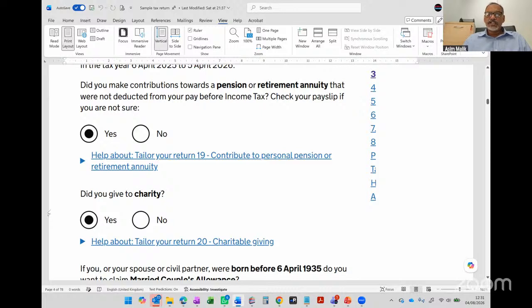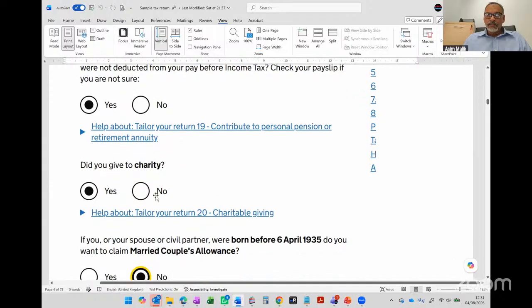Charity means registered charities only, so it's not like कि अगर आपने एक स्ट्रीट कलेक्टर को दे दिए हैं, because you can't verify कि उसकी चैरिटी नंबर क्या है, so you can't claim that. But अगर आपने for example एक मॉस्क में दिया है, मॉस्क is registered charity या और different type of charities हैं, तो वो आप उसको क्लेम कर सकते हो.